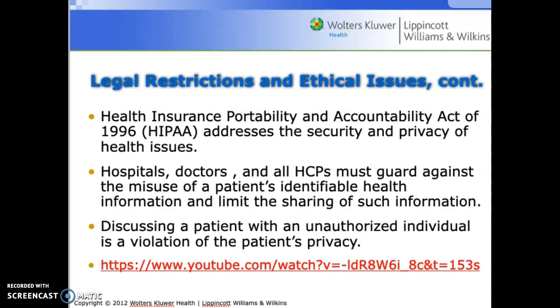Legal restrictions, of course, we talk about HIPAA. Hospitals and doctors must protect against the misuse of patient information that's out there. Read over this and watch this video. I think it can be helpful. Realize, though, there are a lot of differences in what is protected, especially when parents are there with children.